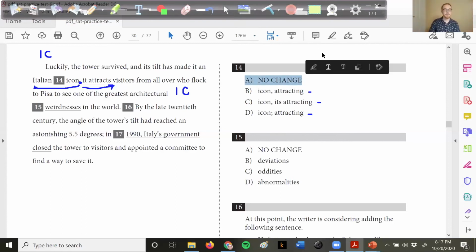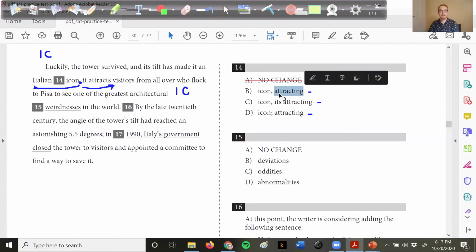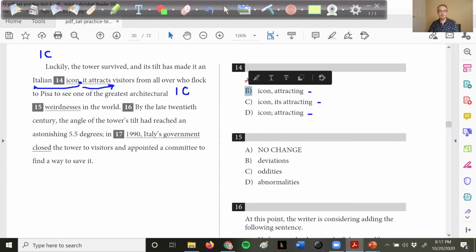We either got to change that punctuation or we have to change the words. So let's plug and play. "Has made it an Italian icon, comma, attracting visitors from all over." I like that quite a bit. That makes this a dependent clause. That makes this no longer a complete sentence. "Attracting visitors from all over who flock to Pisa" is not its own thought. So let's mark B and see if we come up with anything better.